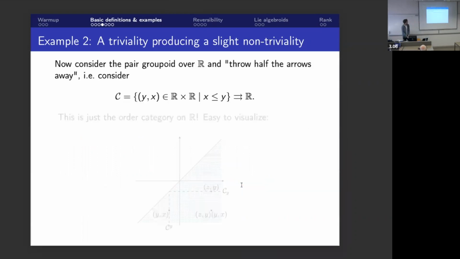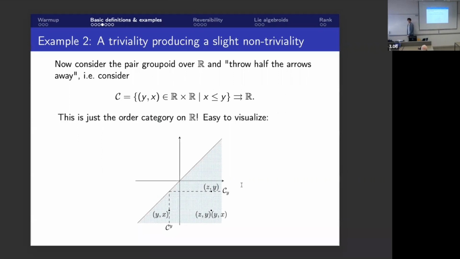But before moving on to that, we can consider a certain Lie category that comes out of the pair groupoid on R. The pair groupoid on R is just R times R. We can now throw half of the arrows away, and we can do that because we have the structure of total order on R. Now we consider the set of all such pairs, and this is nothing else but the order category on R.